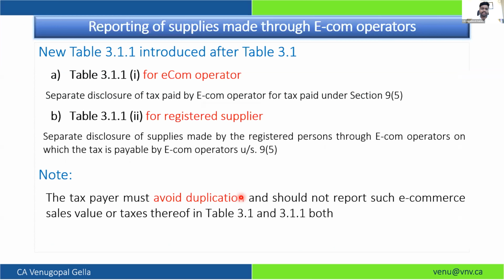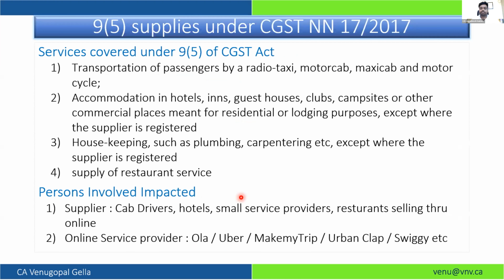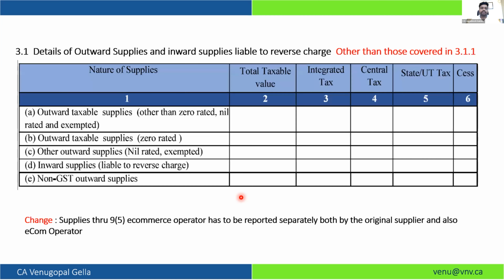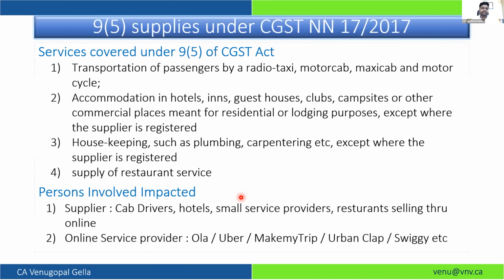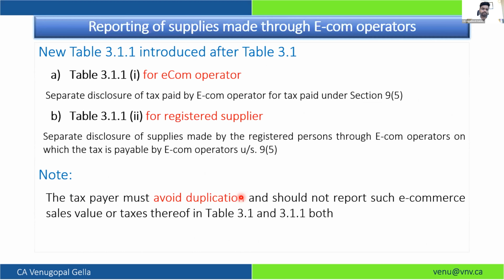One is if the same supplier is making the supplies directly. Let's say if 80% of the supplies is made directly to the buyers, he is required to report in table 3.1. And if he is making 20% of his supplies through the e-commerce operator, then he is required to report in table 3.1.1.